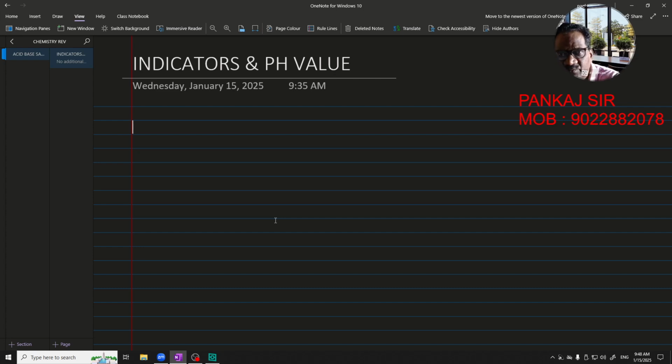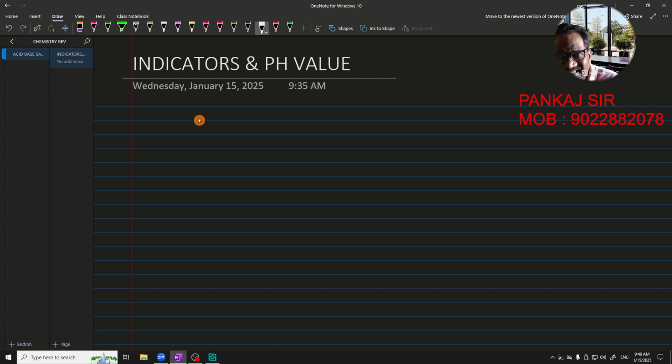For example, suppose you have a solution and you want to check the nature of a given solution, whether it is acidic, basic or neutral.